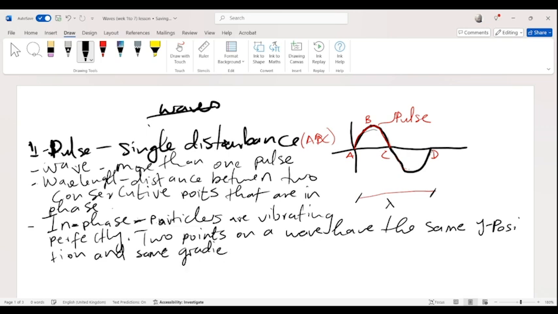You won't find this definition in your textbook. It is my own definition, and it works.